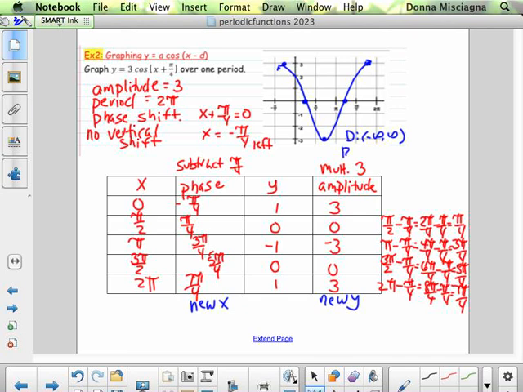The range this time we did do something. So negative 1 times the amplitude change, and 1 times the amplitude change. So that's going to be negative 3 to 3 is the range. And that's everything. All right, let's do the next one.